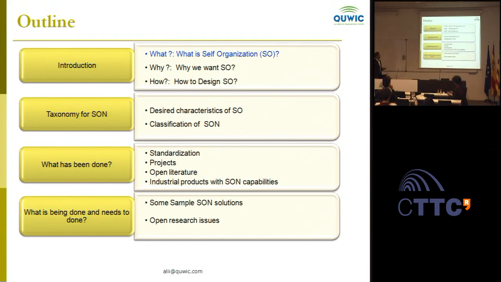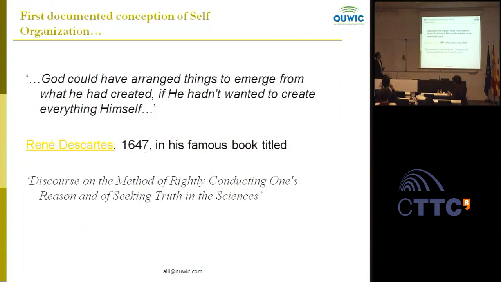To begin with, what is self-organization? A big question. Nobody knows the answer. If we go back into the history, as far as I could dig down, the philosophical definition of self-organization was first heard from this guy called, I'm unable to pronounce, Rini. He was a philosopher, and he realized that it's not necessary to design everything.